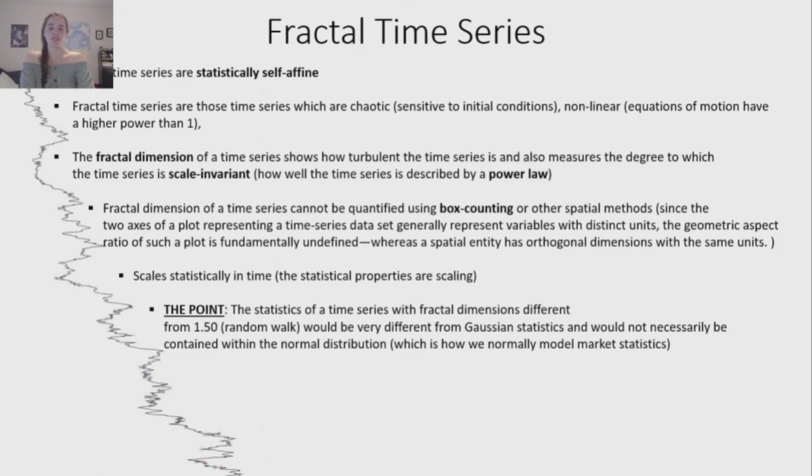So the point of all this is that the statistics of a time series with fractal dimension different from a random walk, so 1.50, we discussed this, would be very different from Gaussian statistics and would not necessarily be contained within the normal distribution, which is how we normally model market statistics. So if we can describe a market return time series as a fractal, if we can say that it has fractal statistics, then necessarily it's not going to follow a normal distribution.